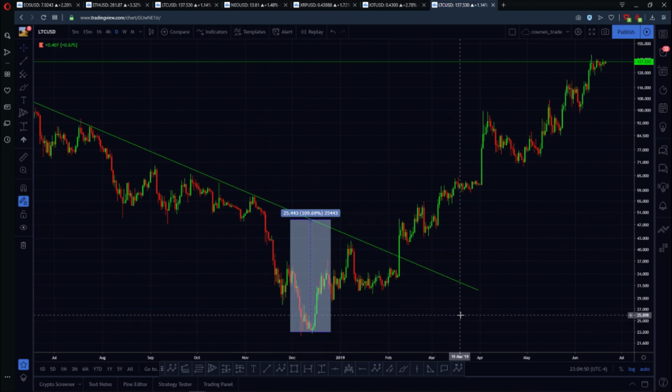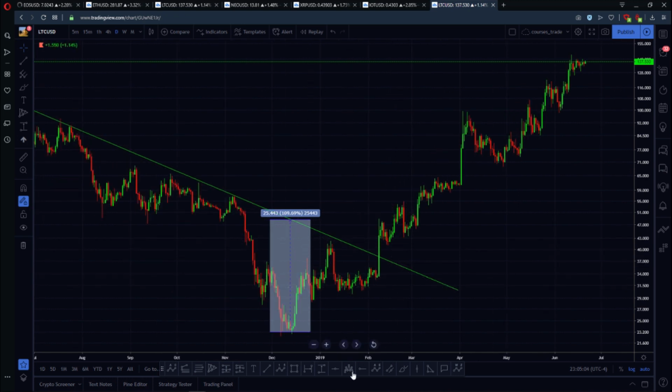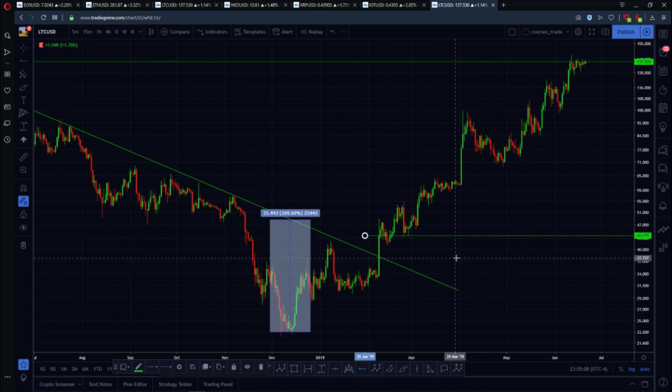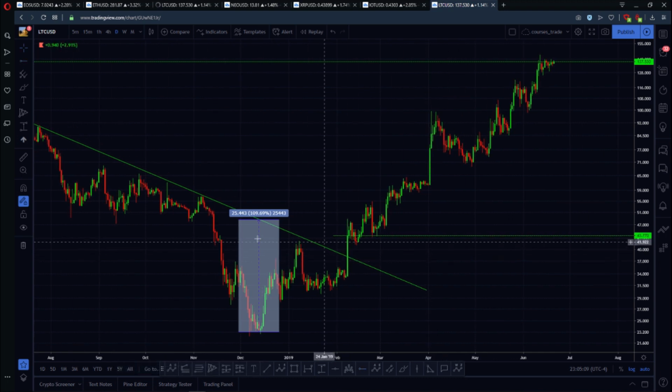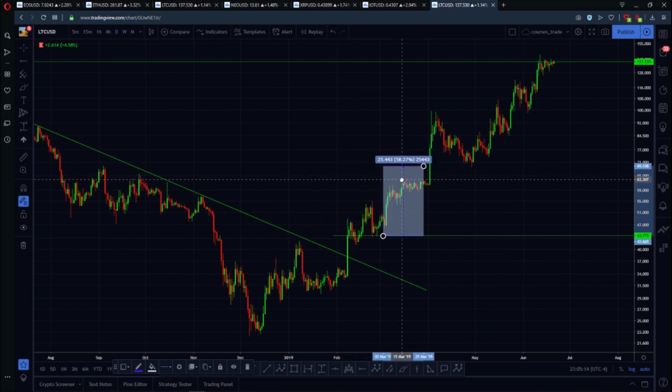Now the second thing you do is identify the first candle that managed to close and violate the trend line and close above it. In this case, because it's a downtrend line, we're gonna place a line right at the close, and then we're gonna take that measurement and place it here.